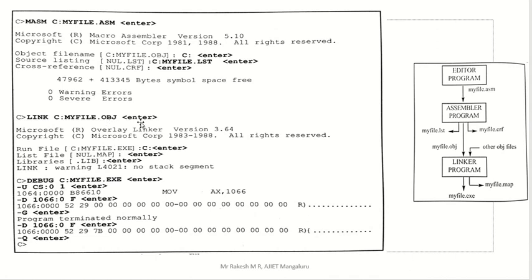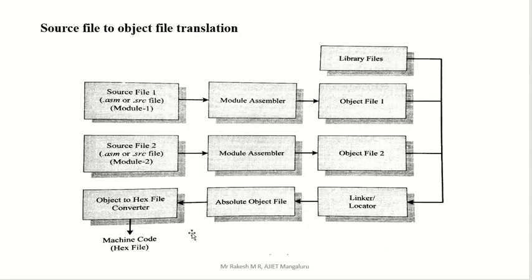Here we use the linker, which converts your obj file to your exe file. Along with that we have the library file and map file. So map is a map file and lib is a library file. All are extensions. Once we get this, our code is executed properly. Actually in this case we are using another tool to convert your absolute file to machine code, but this complete setup they showed here with the .exe file.